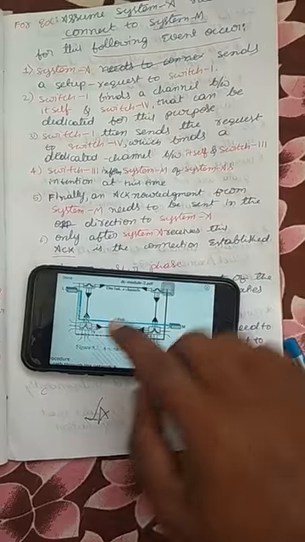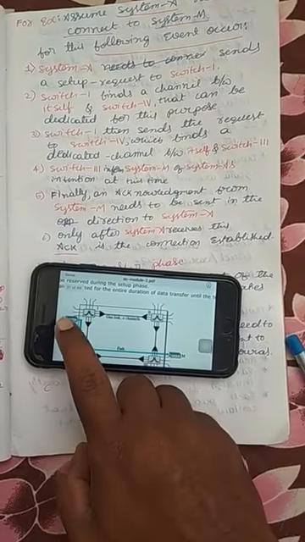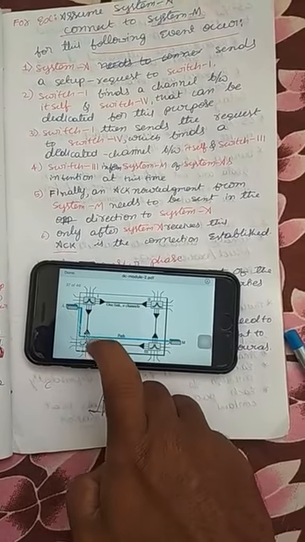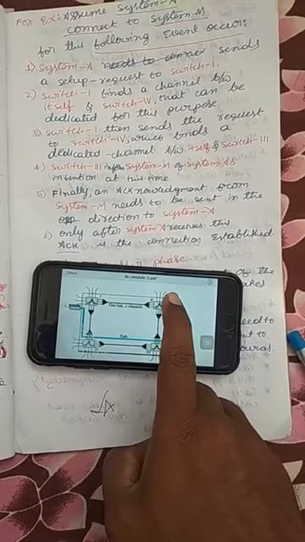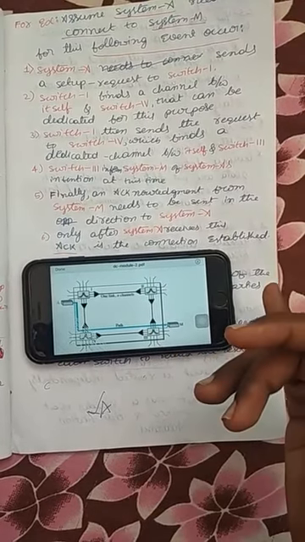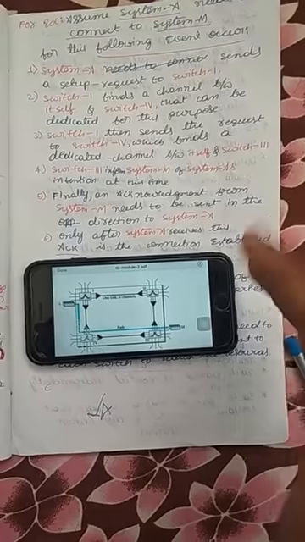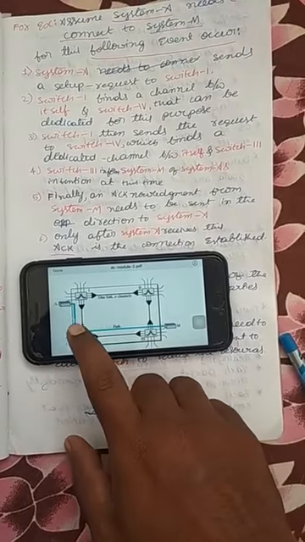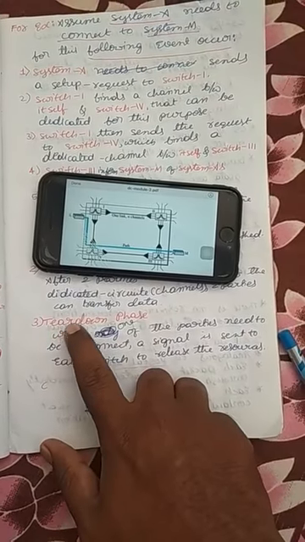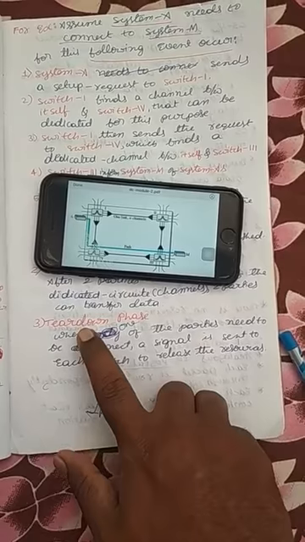Here you can see that A wants to disconnect from this circuit, so it should send the signal to each of the switches for releasing the resources. Means I am leaving, and it is going to send the message to each of the switches. This is the tear down process, means the disconnect phase.